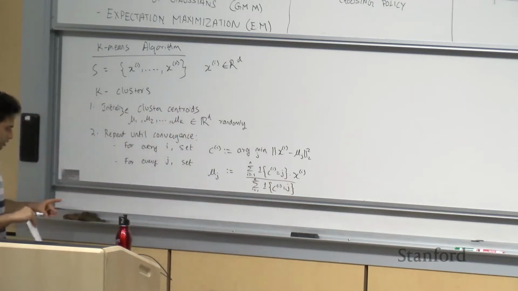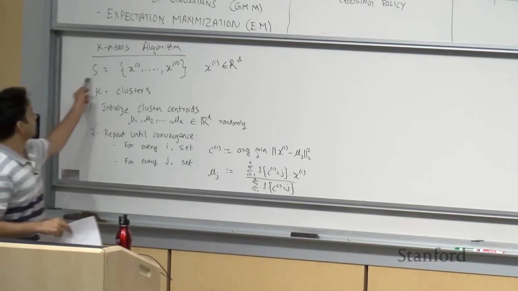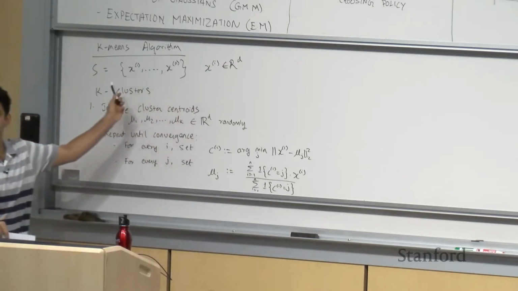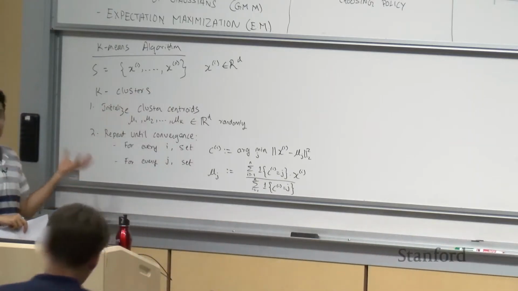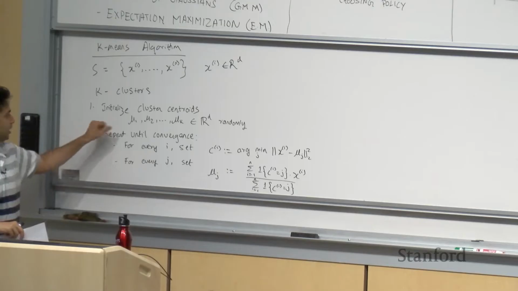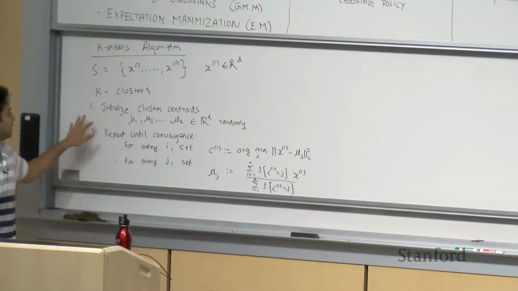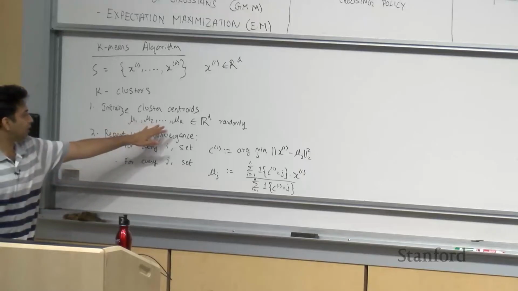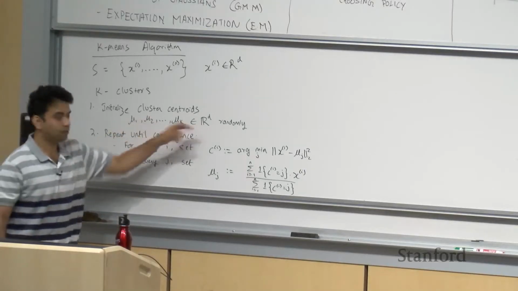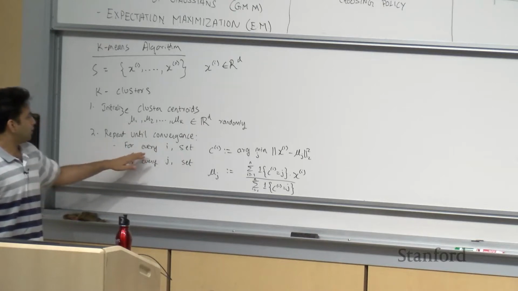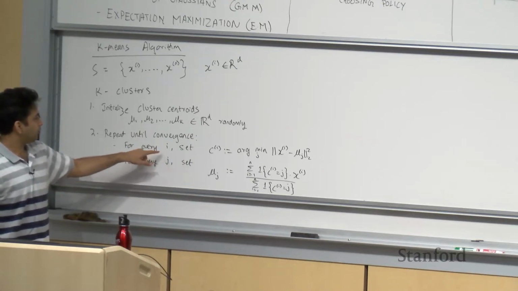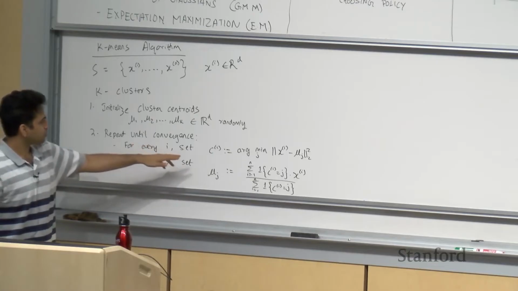So what are we doing here? K-means is an iterative algorithm where we are given a set of n examples which we index by i, and we want to identify k clusters, indexed by j. We initialize the cluster centroids randomly, where mu1 through mu k are each a vector in R^d, and we repeat until convergence, where for every i we set Ci.